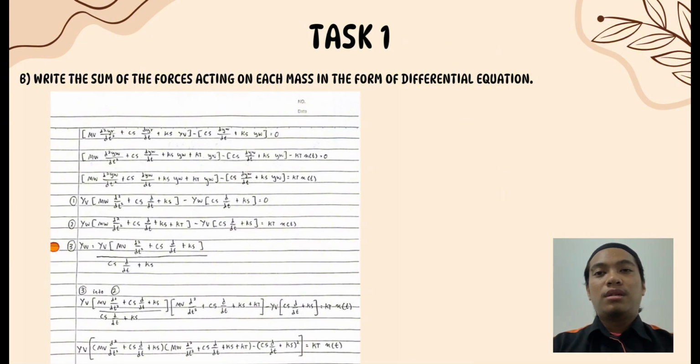And then for equation 1 and equation 2, we just factorize the equation, and then to make a third equation, we must add YW as a subject, and then we get the first equation to the differential equation.